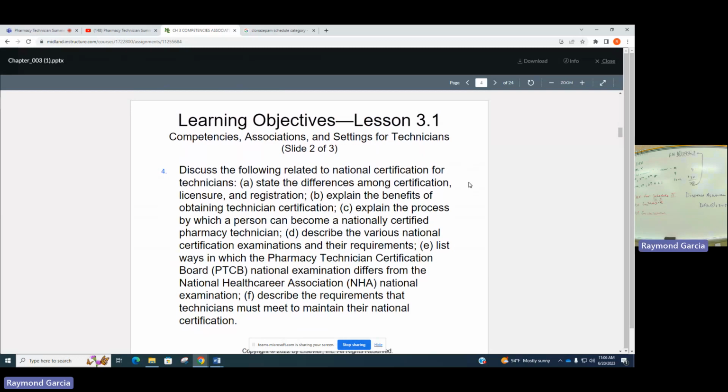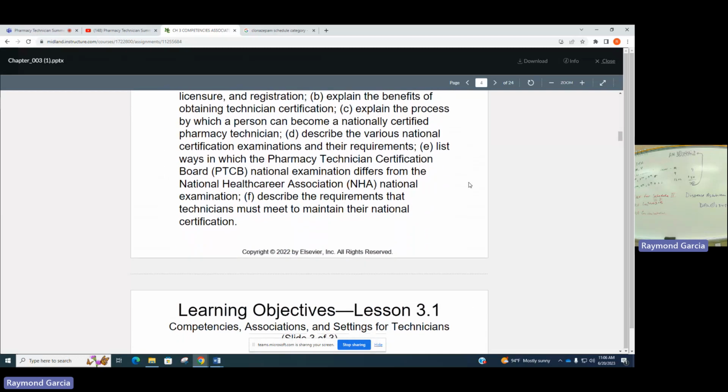List ways in which the Pharmacy Technician Certification Board, or the PTCB, and the national examination differs from the National Healthcareer Association, NHA. Describe requirements that technicians must meet to maintain their national certification.